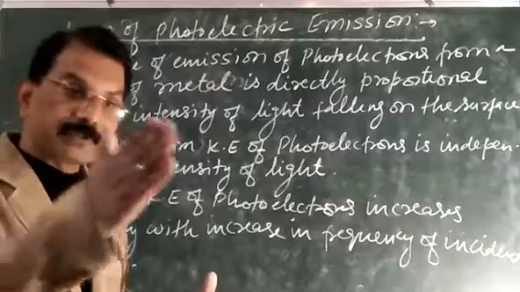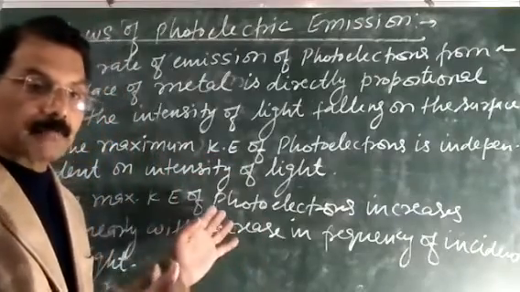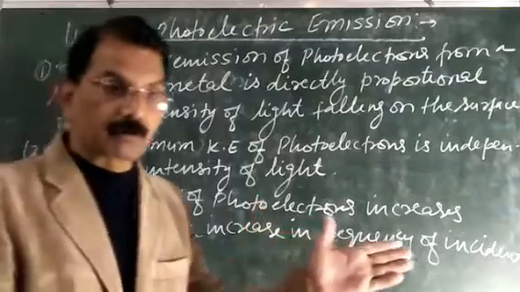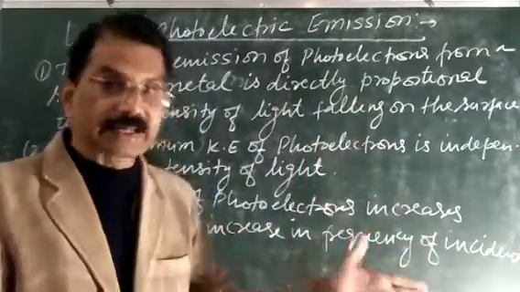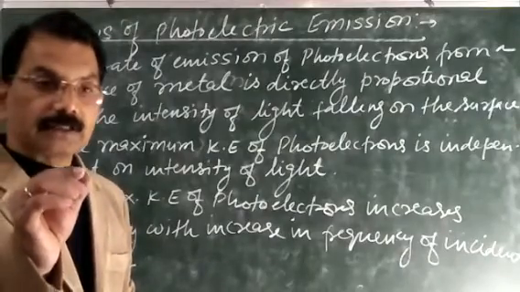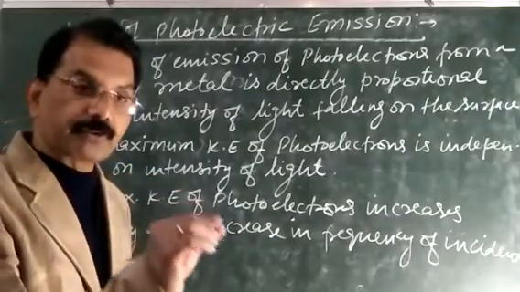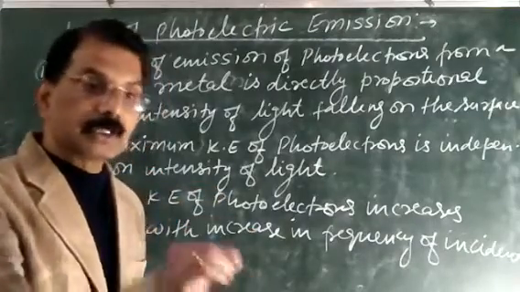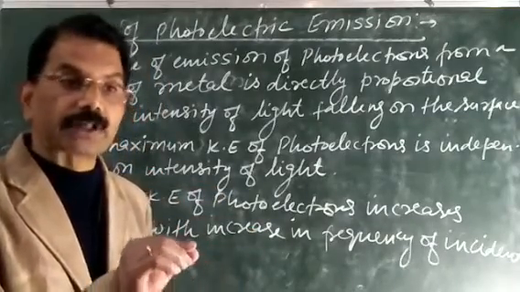On increasing the frequency of the incident light, the maximum kinetic energy of the emitted photoelectrons will also increase linearly. Next point is what here? For each metal, there is a certain lowest frequency which is required for the emission of the photoelectrons, and that lowest frequency is called what here?